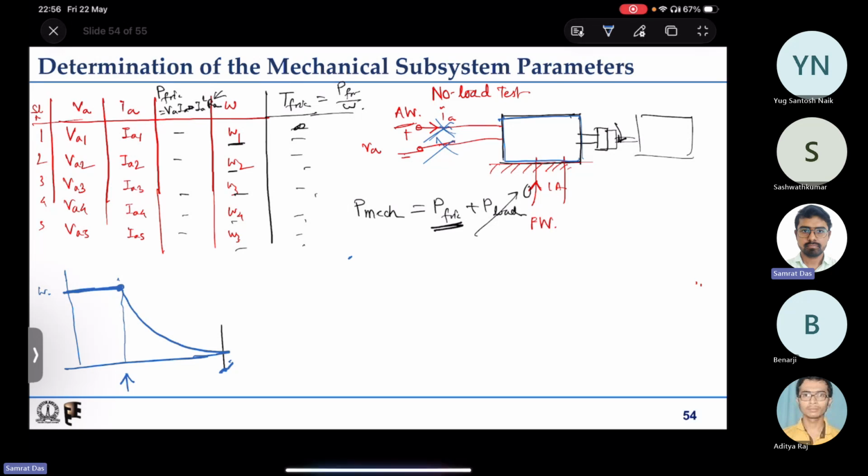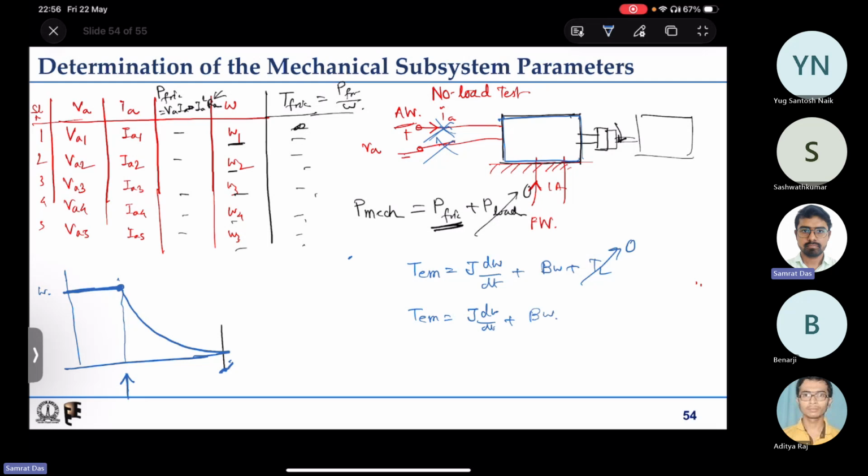So after that, what will happen? The speed will fall. If we look at the equation of the mechanical circuit, Tem equal to J d omega dt plus B omega plus TL. Anyway, there is no load, so our equation is Tem equal to J d omega dt plus B omega, right?